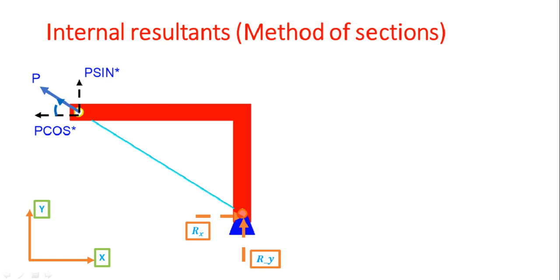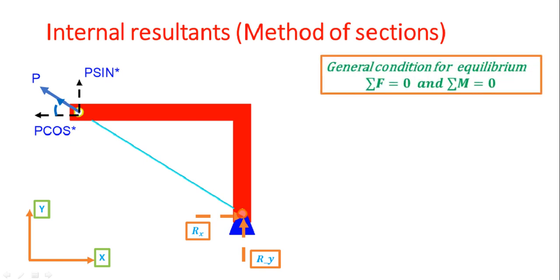The reactions that I've shown here are Rx and Ry. Now apply the equilibrium conditions: the summation of forces in the x direction is 0, the summation of forces in the y direction is 0, and the summation of moments at any point is equal to 0.